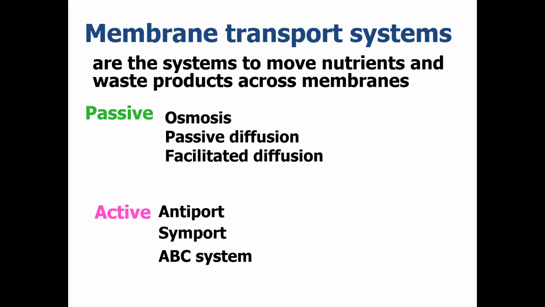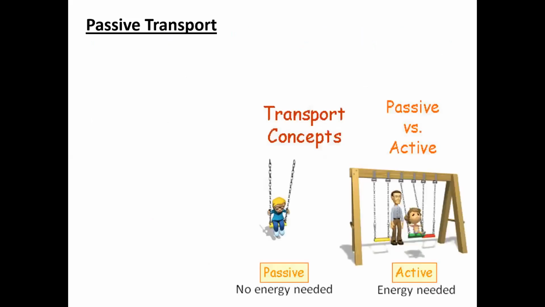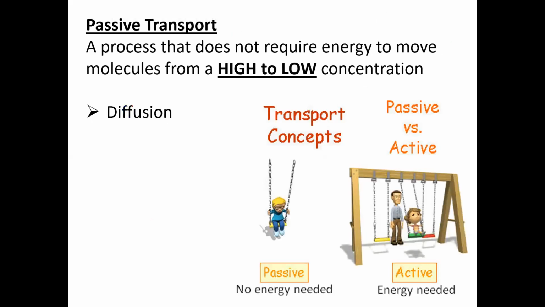The active transport mechanism is divided into three or four types: antiport, symport, the ABC system, that is the ATP binding cassette system, and the group translocation system.